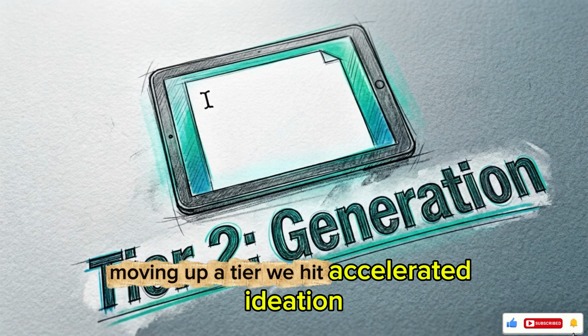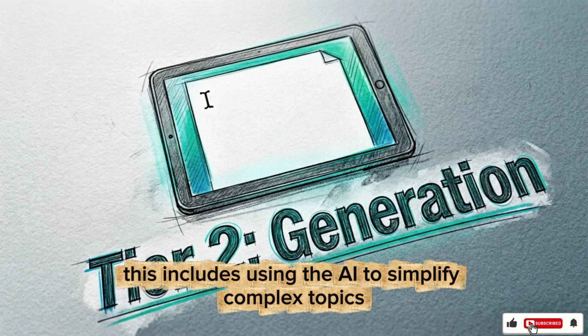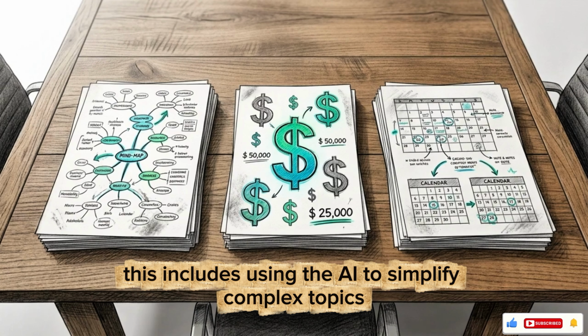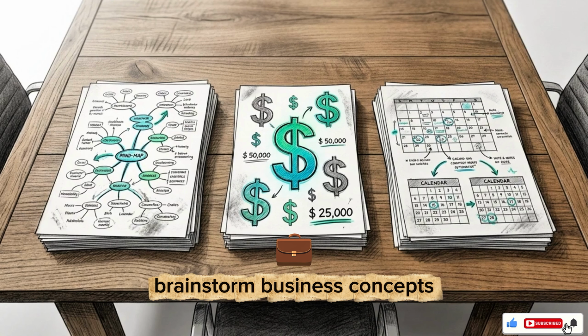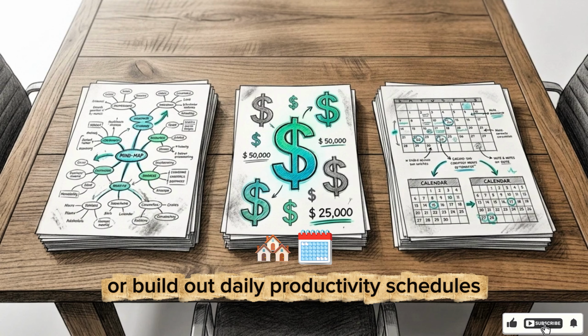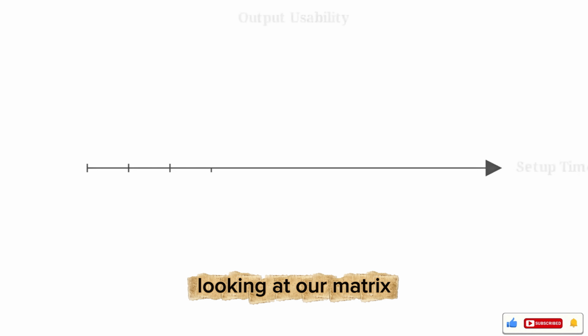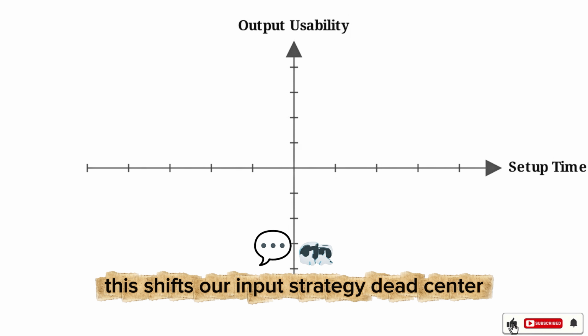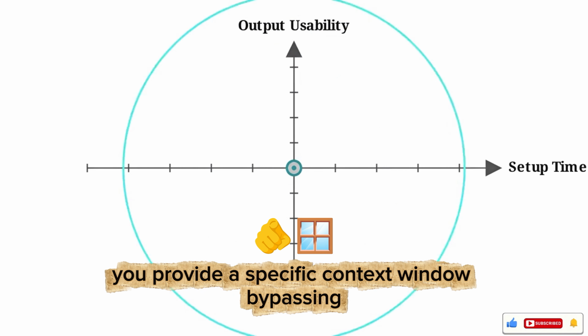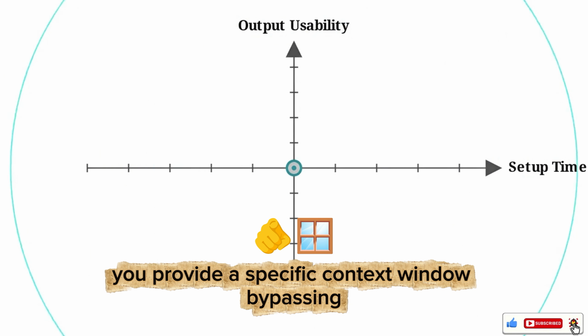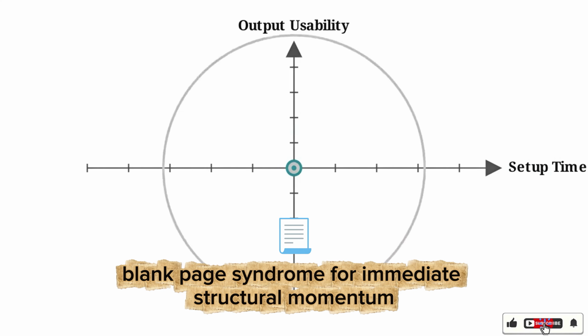Moving up a tier, we hit accelerated ideation. This includes using the AI to simplify complex topics, brainstorm business concepts, or build out daily productivity schedules. Looking at our matrix, this shifts our input strategy dead center. You provide a specific context window, bypassing blank page syndrome for immediate structural momentum.